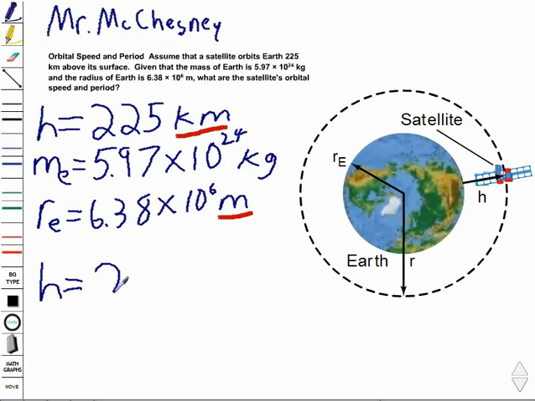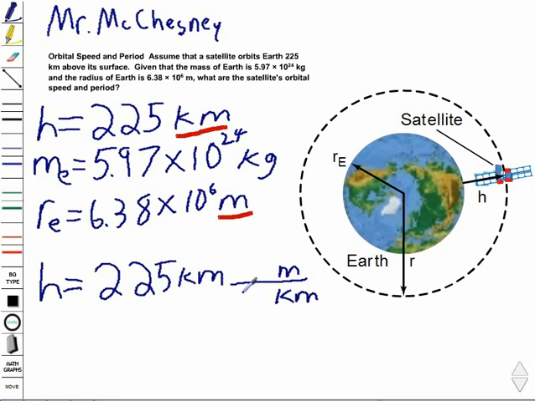So I want to change my height above the Earth's surface from kilometers to meters. And earlier, we saw how to do that using dimensional analysis. So I start out by writing my number, 225 kilometers. And to do dimensional analysis, I draw a line, and I'm going to get rid of my units kilometers, which go on the bottom, and I want to get into the units meters.